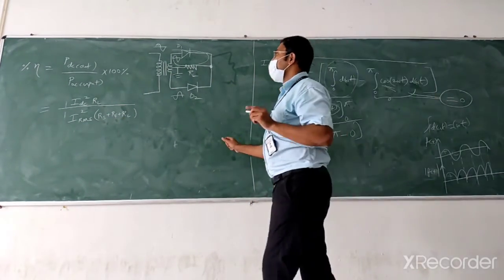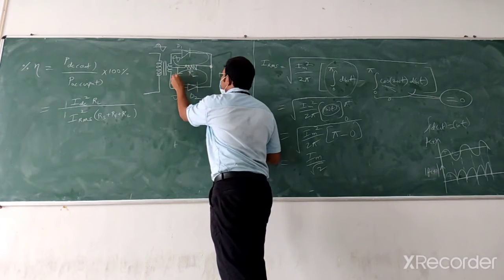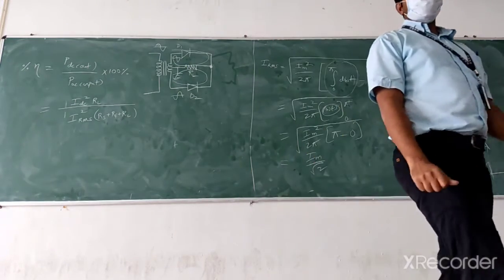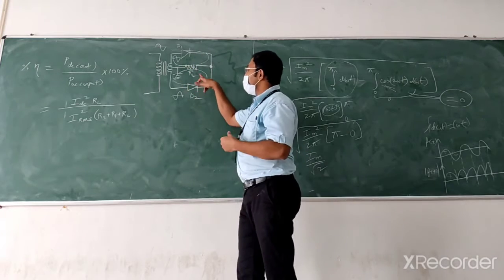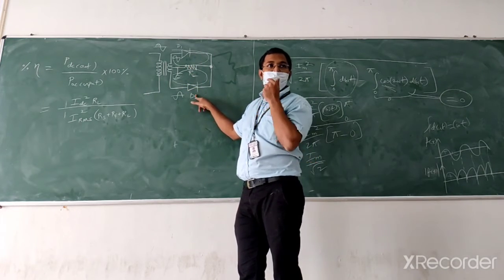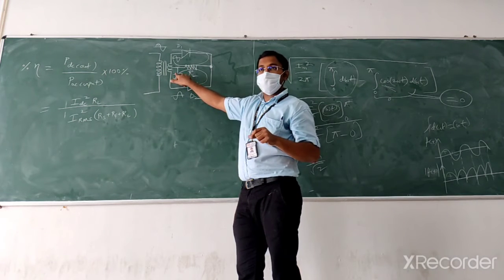Next, in the second half cycle, the current flows like this, as we discussed in the morning. Again in this path we have RL, RF for the diode, and RS to consider.